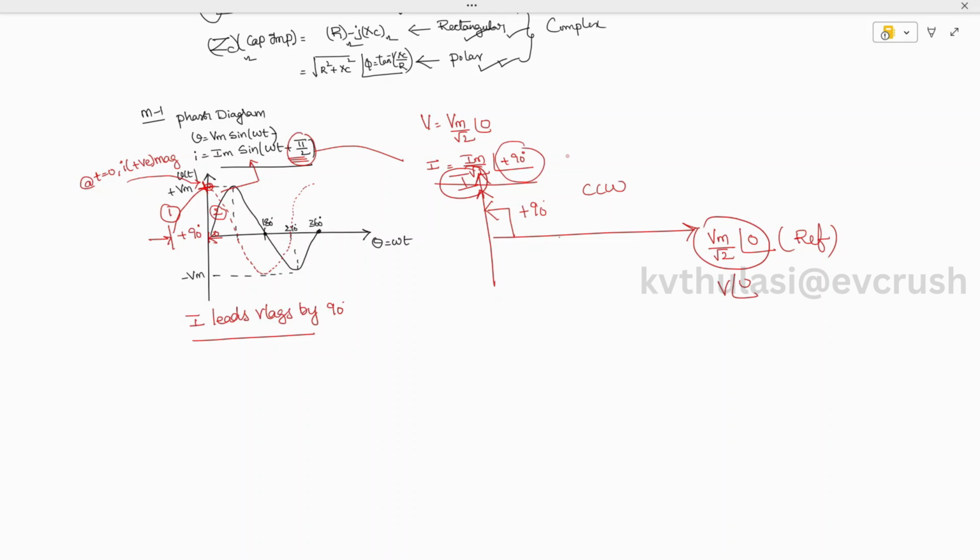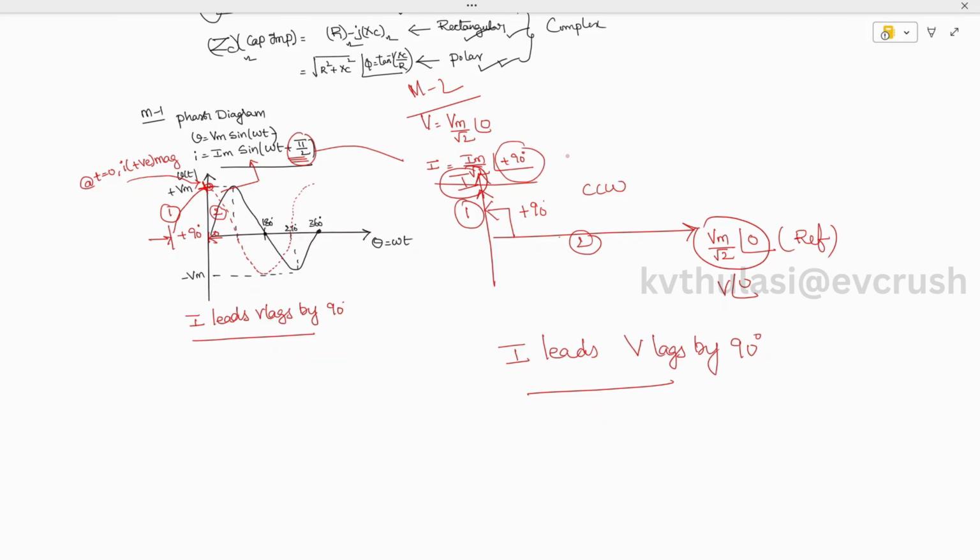This is the reference, this is coming first, this is coming later. I can say that current leads, voltage lags by an angle of 90 degrees. In both methods, method 1 and method 2, the answer is the same. This is how to understand current leads voltage or current lags the voltage.